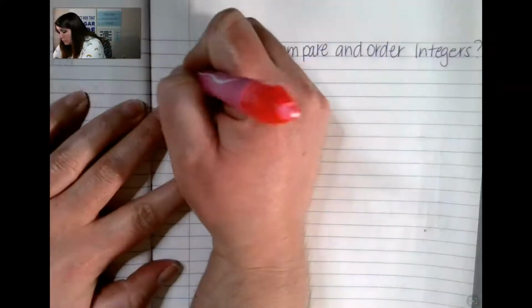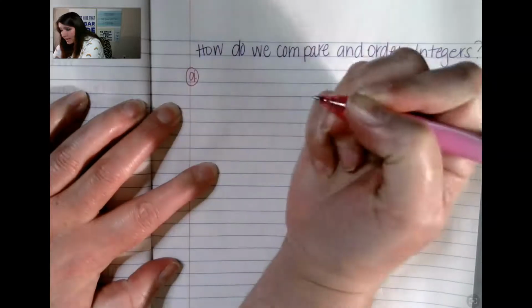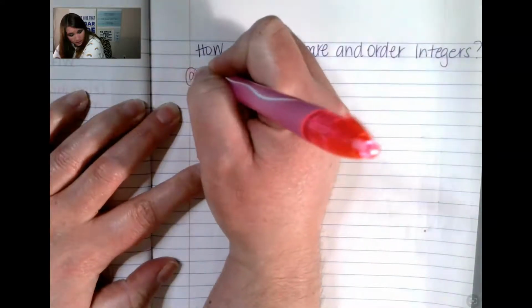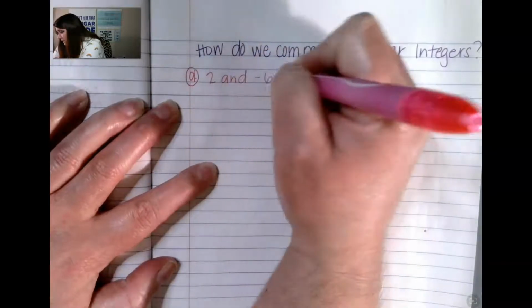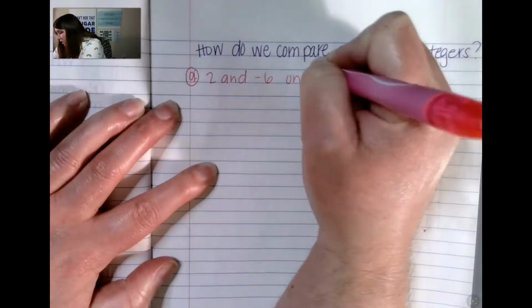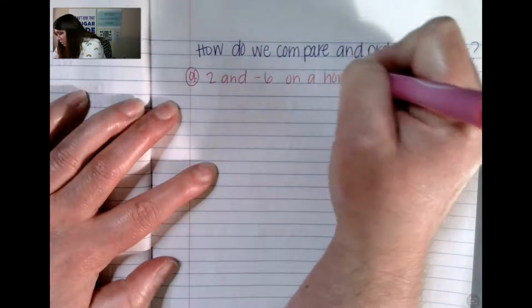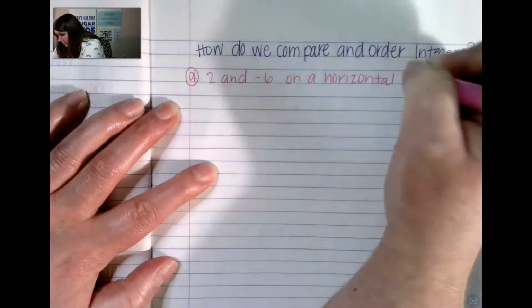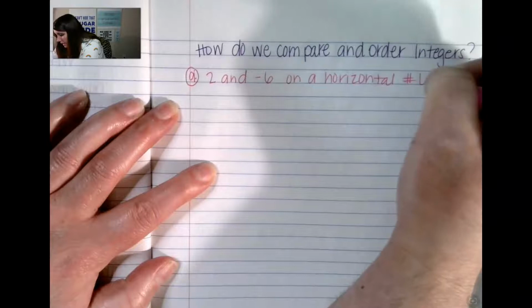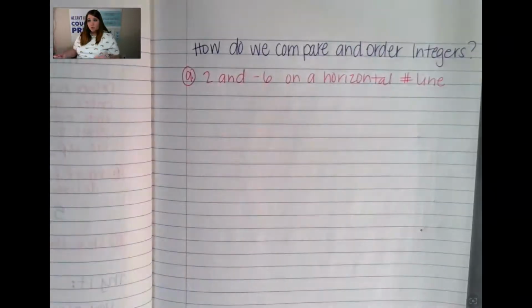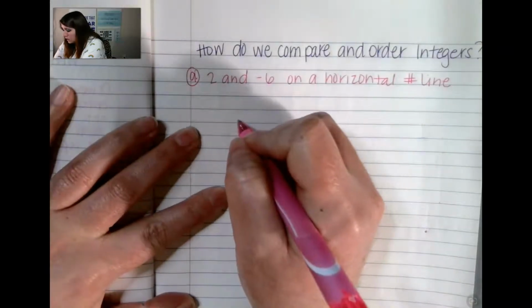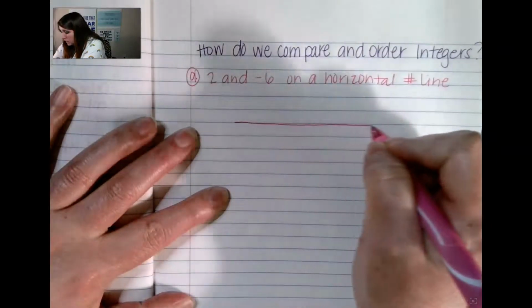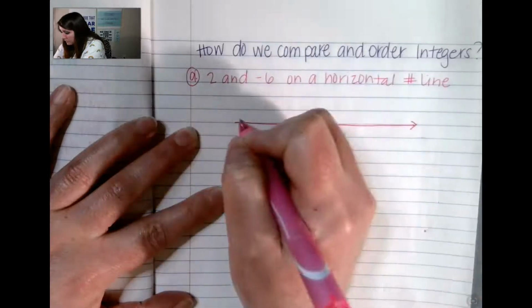So for example, we have example A, and it says to compare 2 and -6 on a horizontal number line. So we would first draw a horizontal number line. Here's my number line.